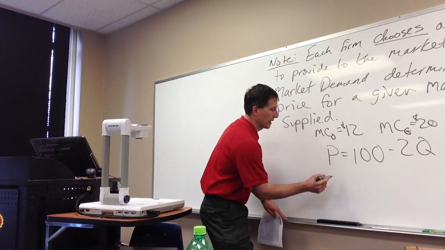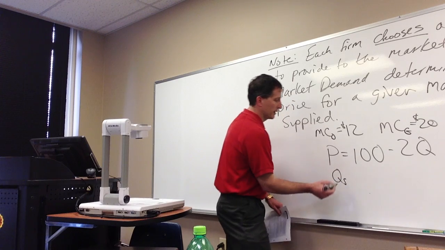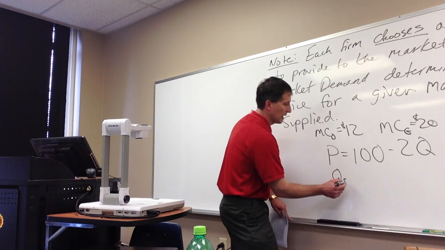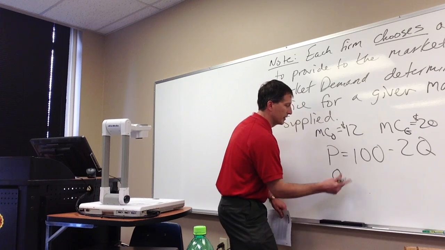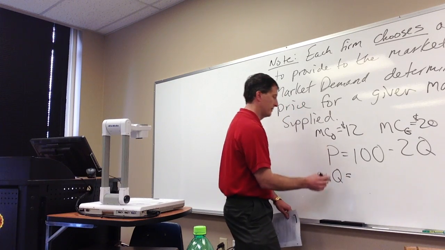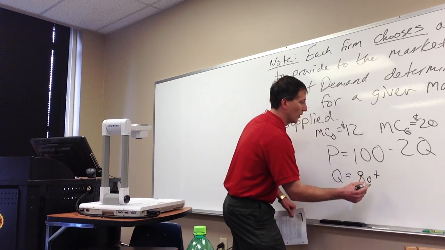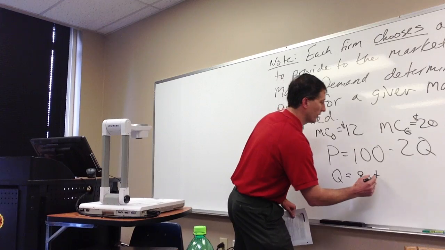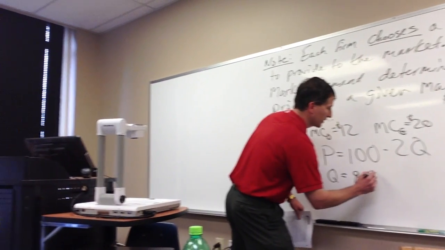So what we kind of want to think of is that big QS, if we want to call it the market quantity supplied, and maybe I just want to say Q just so I don't add another variable in there. But the quantity supplied is equal to the quantity from Oil Pro and Grease Tech.